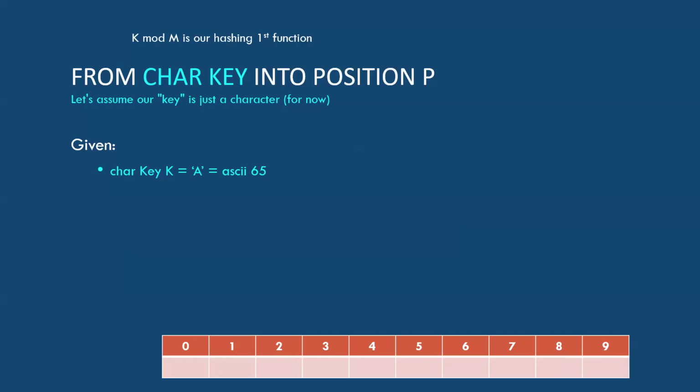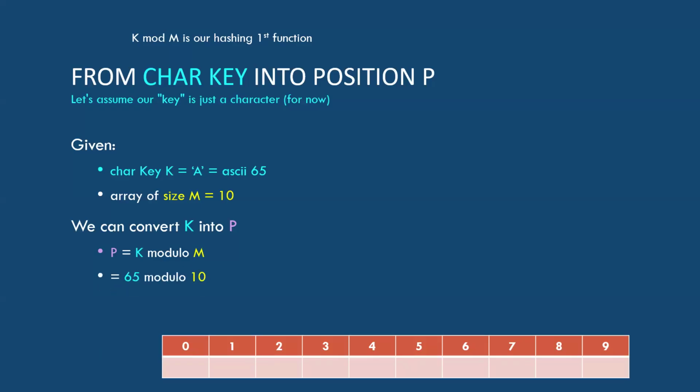So if we're trying to hash an individual letter into a location, we just use the same modulo function, and C++ automatically converts it into an integer to modulo it with and store it into some integer position. It's really, really easy to map those letters into any table size we want. So we can put our character in there, and it's going to be deterministic.